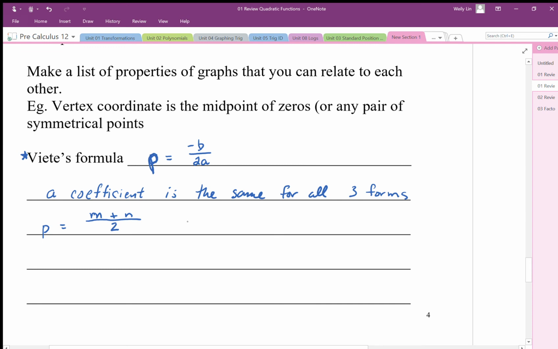Okay, so the middle is the average of the two zeros. And average really means middle. Okay, and anytime we see average, it's really the middle between two coordinates. It's the average between the two zeros. In fact, not just the two zeros, it's the middle of any two symmetrical points.